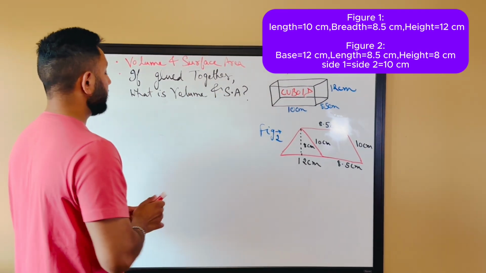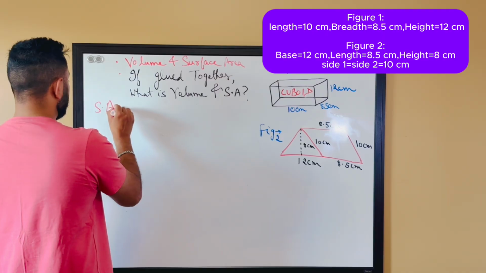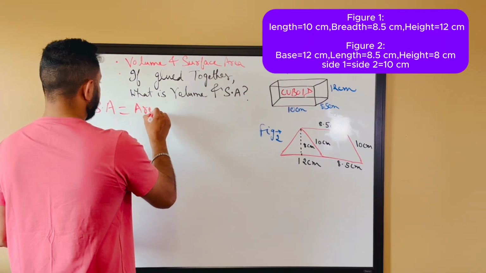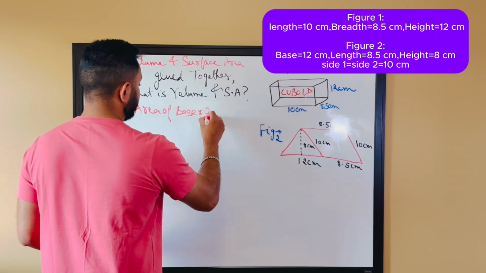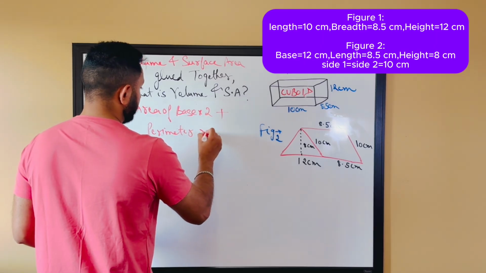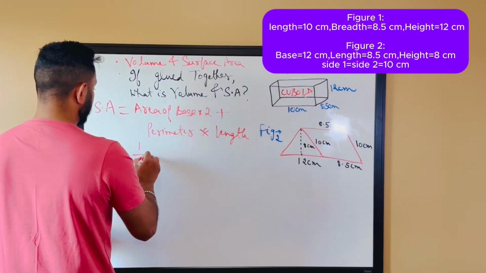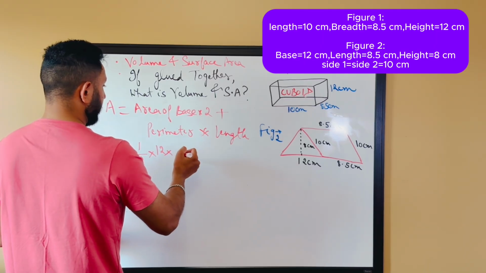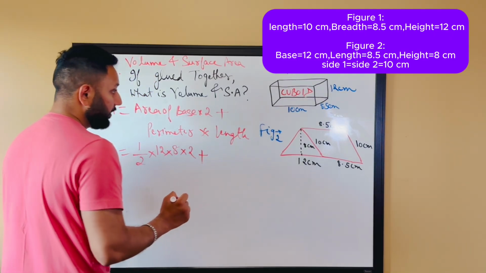Now we're gonna find out the surface area of the triangular prism, figure 2. The formula for the surface area of a triangular prism is area of the base into twice plus perimeter of base into length. So area of the base is half, base is 12 and height is 8, into 2, plus perimeter.